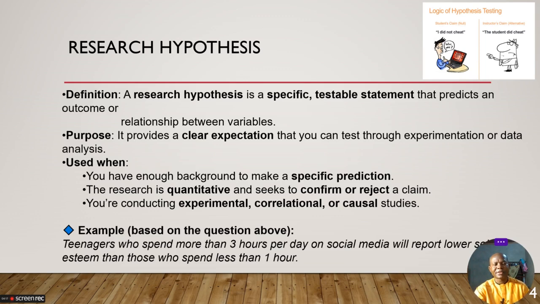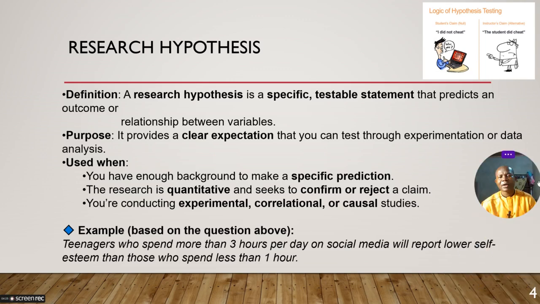The example there is: teenagers who spend more than 3 hours per day on social media will report lower self-esteem than those who spend less than 1 hour. The implication of this is that we have known a bit about the impact of social media on student self-esteem. Now, we are going to the next stage by making a claim based on our initial knowledge.